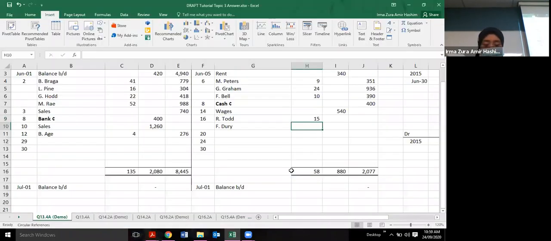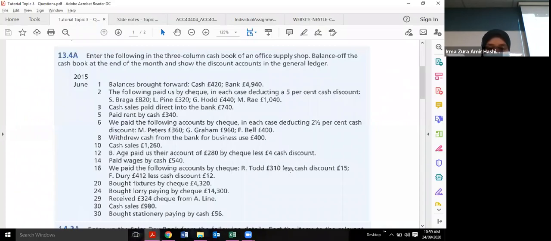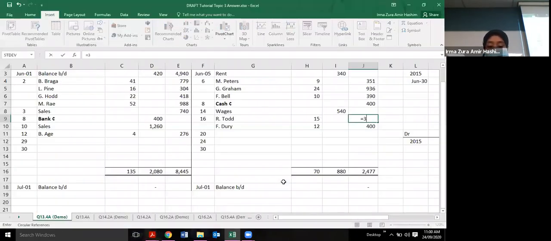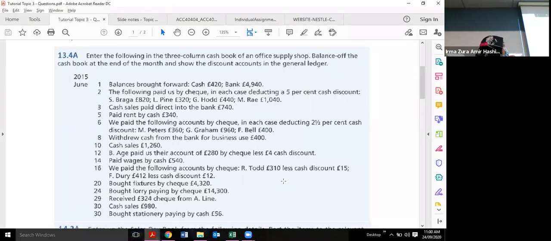This one for $310. Okay, so we're done with the 16th June.